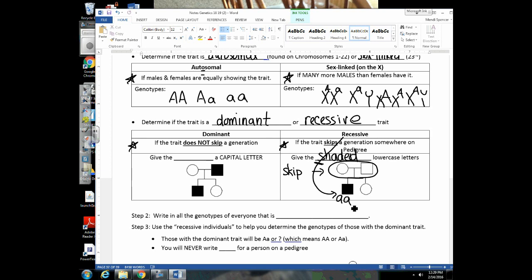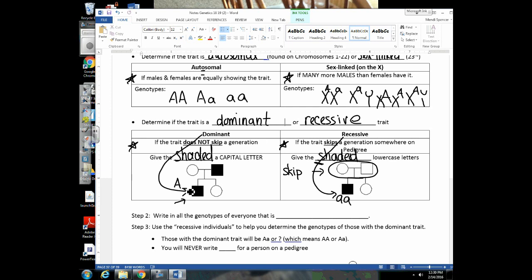That is the reason why they have that trait. Over here, we determined that this trait is due to a dominant allele because we don't see any skip in the generations. So you give the shaded a capital letter. They have this trait because they have a dominant allele for it. So I'm just going to put an A, and I'm not going to add another one for now, and you're going to know why here in just a little bit.